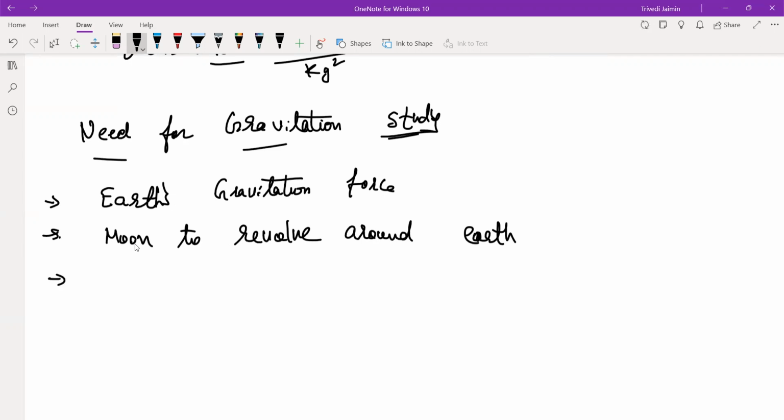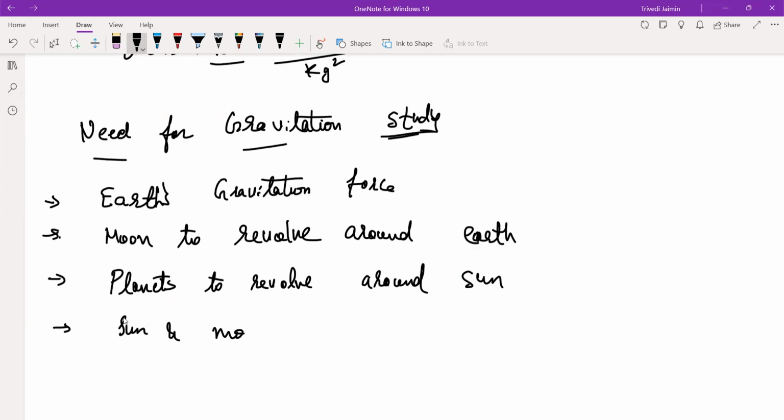Then it makes what? Planets revolve around the sun. And third one, sun and moon cause what?